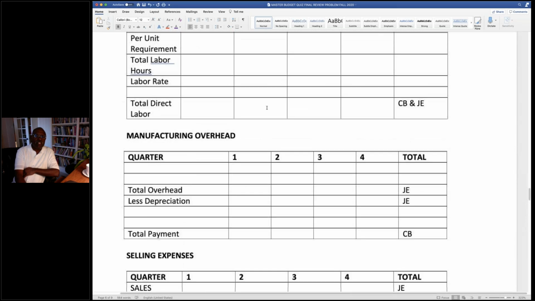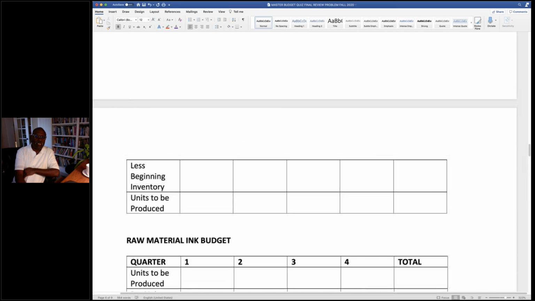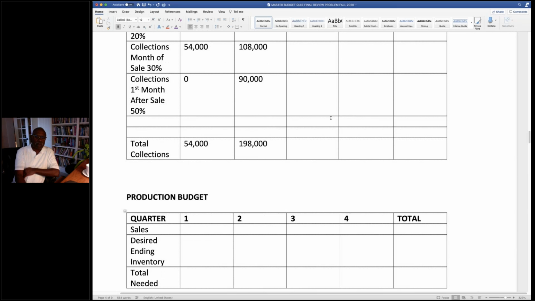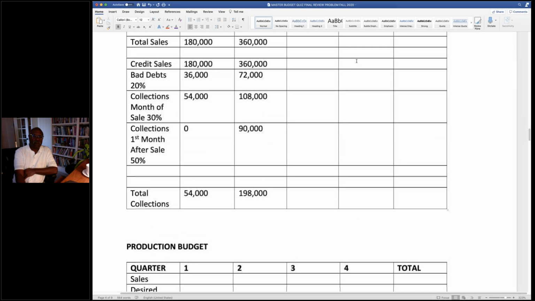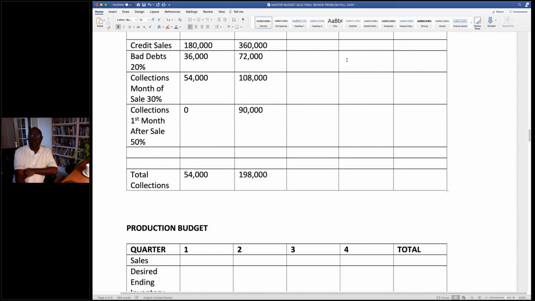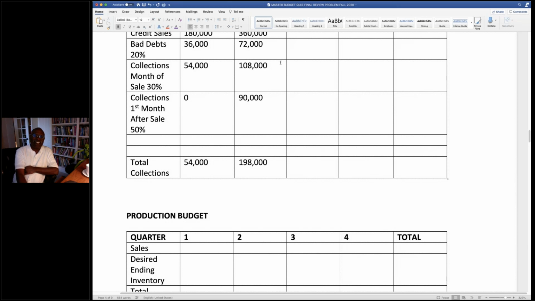So let's see if we can jump back to the first quarter and head to our production budget. So what's the first thing we're going to do with the production budget? The sales.